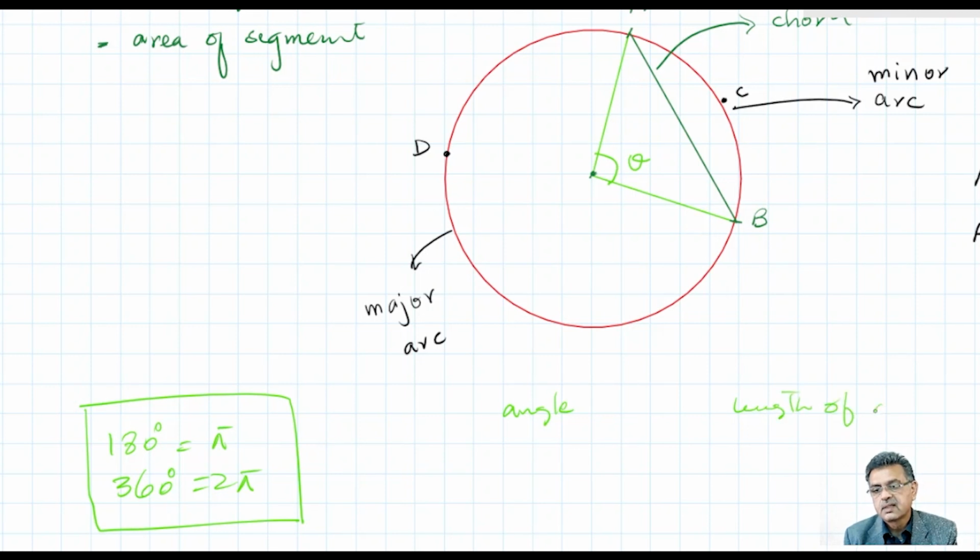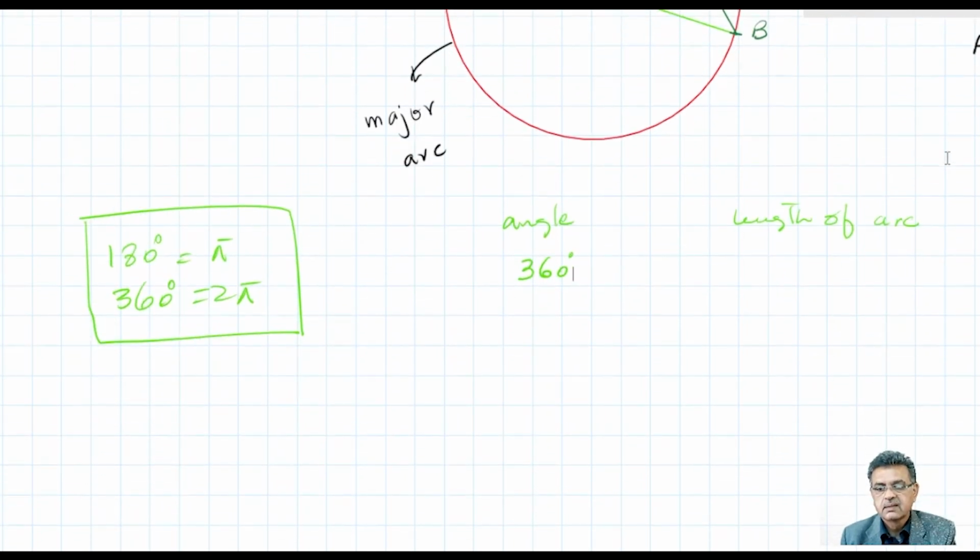The circumference, this whole length of a circle, is also an arc, a complete arc, when the angle is 360 degrees. And when the angle is 360 degrees, the length of arc is 2 pi r, where r is the radius of the circle. When the angle is theta, what should be the length of arc? Let's denote the length of arc by S.